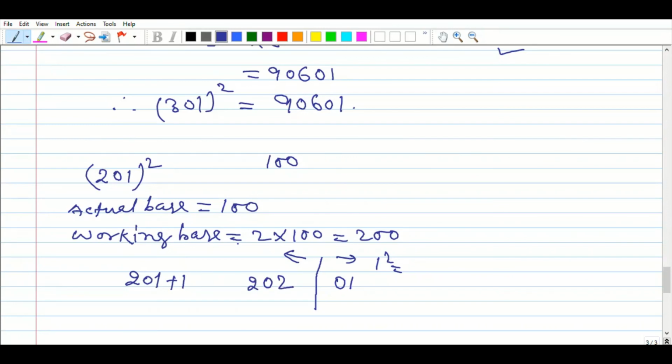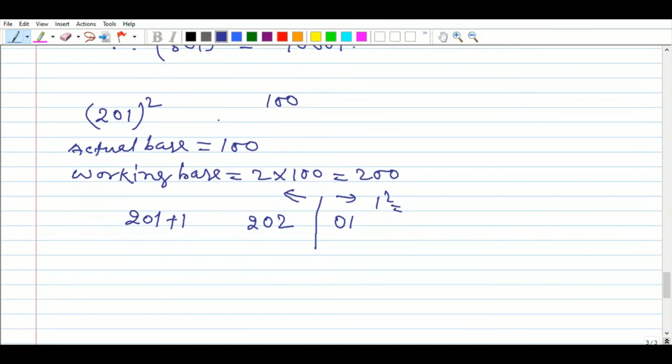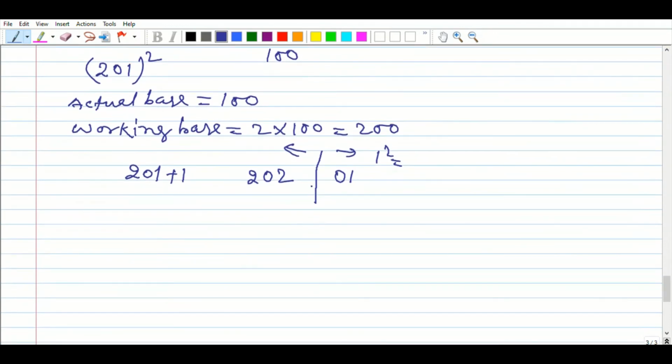Is it clear? After removing this, we get 20201. Okay, it has two parts, part one and part two.